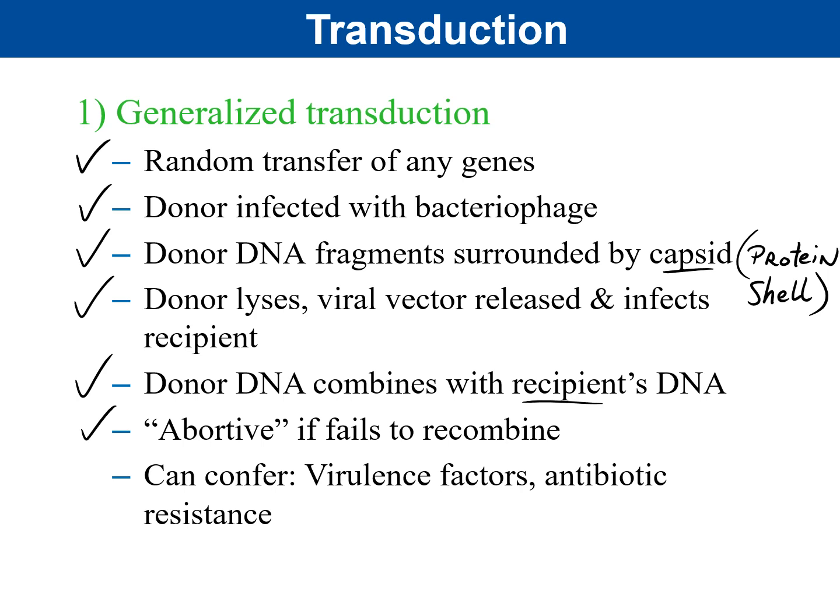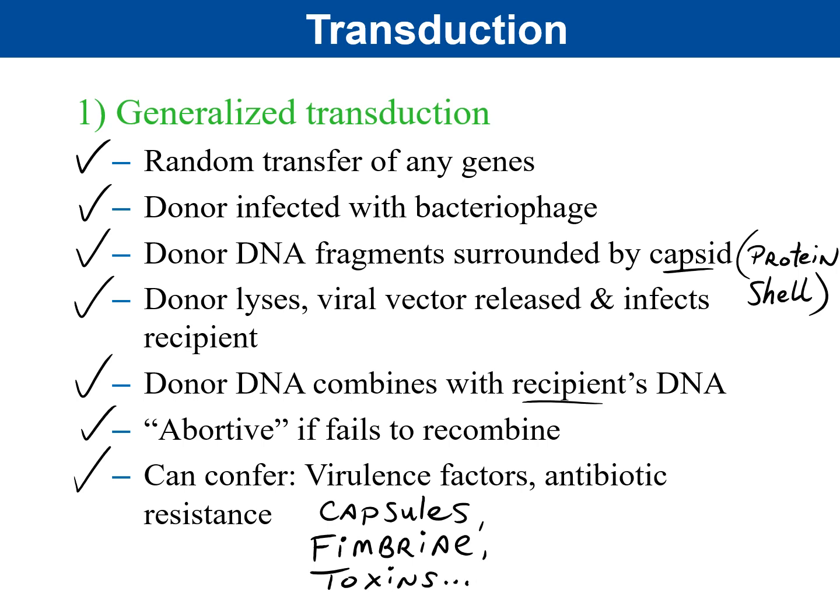But if in fact transduction is successful, then that transduction event could involve the transfer of many virulence factors, like mentioned in the previous slides, ranging anything from capsule production to fimbriae, to the ability to produce one or more various toxins and or things like antibiotic resistance. And so many different genes may be transferred over during a generalized transduction event, but it's done so in a random nature.